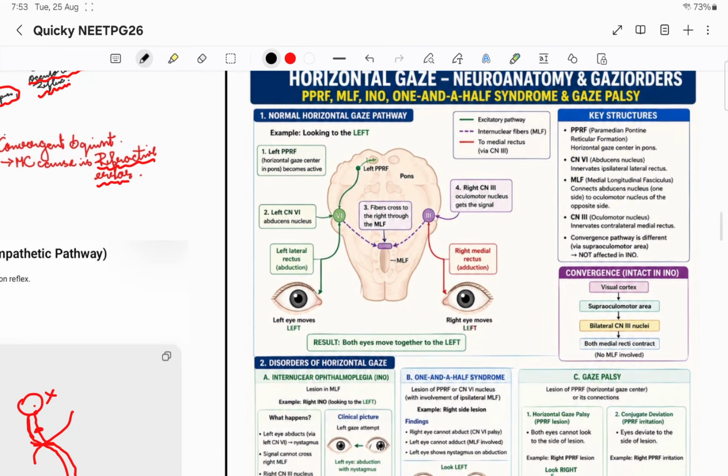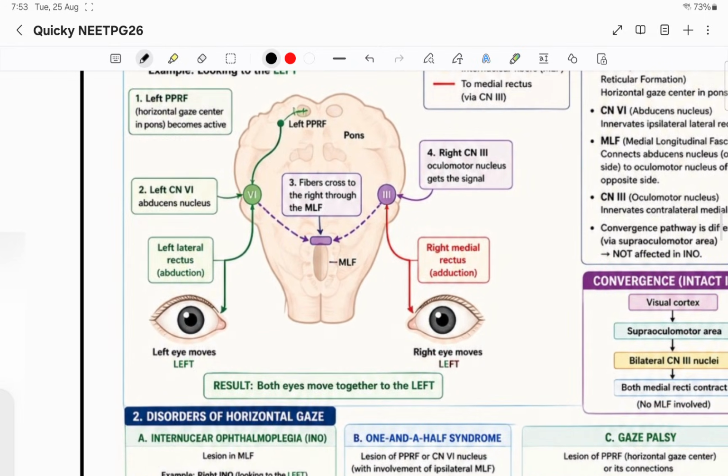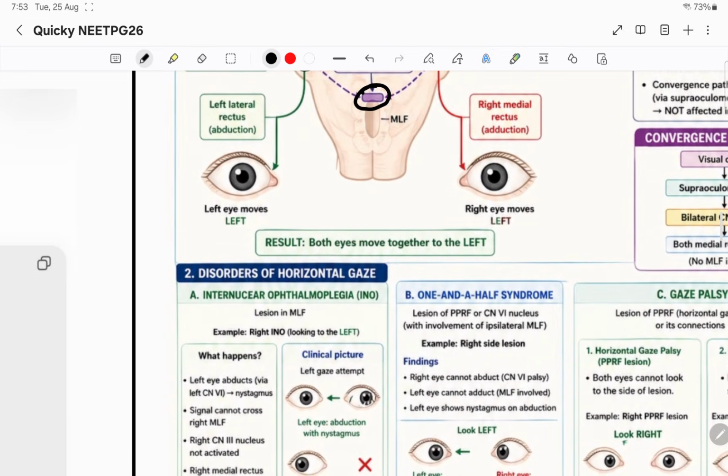It is carried by the third nerve and sixth cranial nerve. The MLF is in the midbrain and pons. If it is affected, there will be an issue with eye movement, and the coordination of eye movement will be lost.